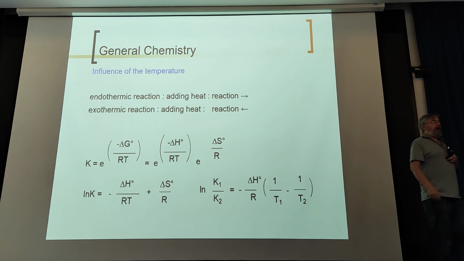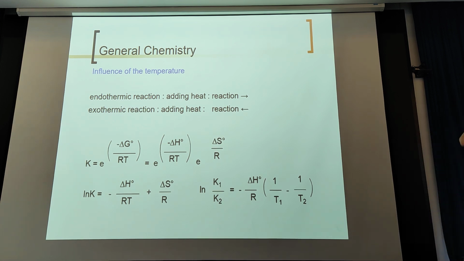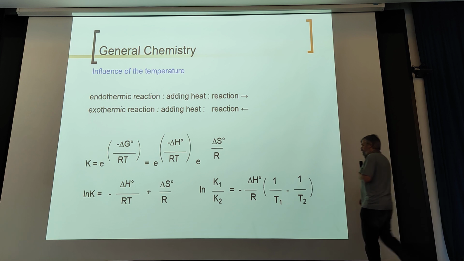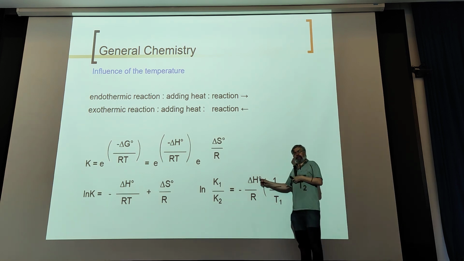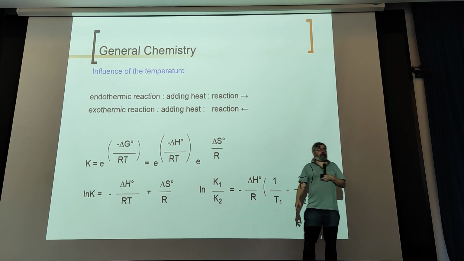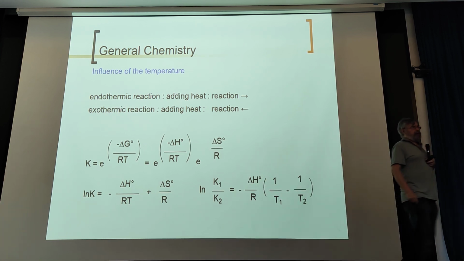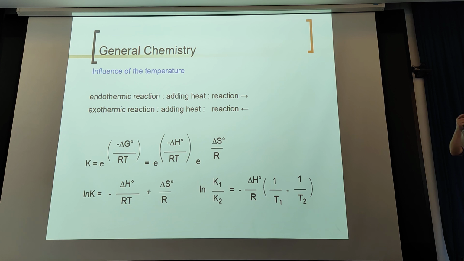So that means if we know one of the equilibrium constants at a certain temperature, T1, and we go to a second temperature, T2, that we know, and we know the enthalpy, then we can calculate the second equilibrium constant. Or otherwise, if you have two different equilibrium constants at two different temperatures, then we can calculate the enthalpy. That would be another way to do it.